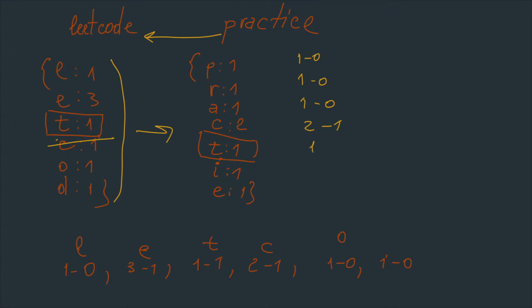For T, we have 1 minus 1. And I and E, we have 1 minus 3 here. Actually, we have 2 remaining.